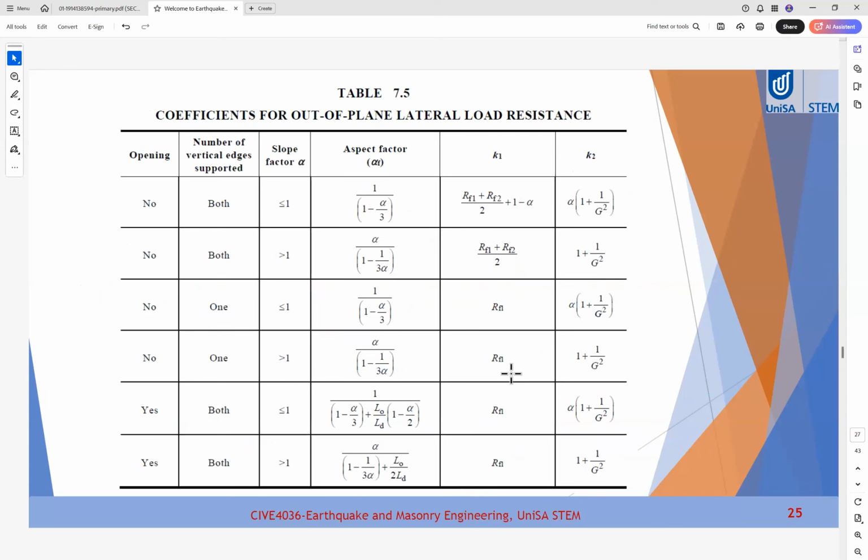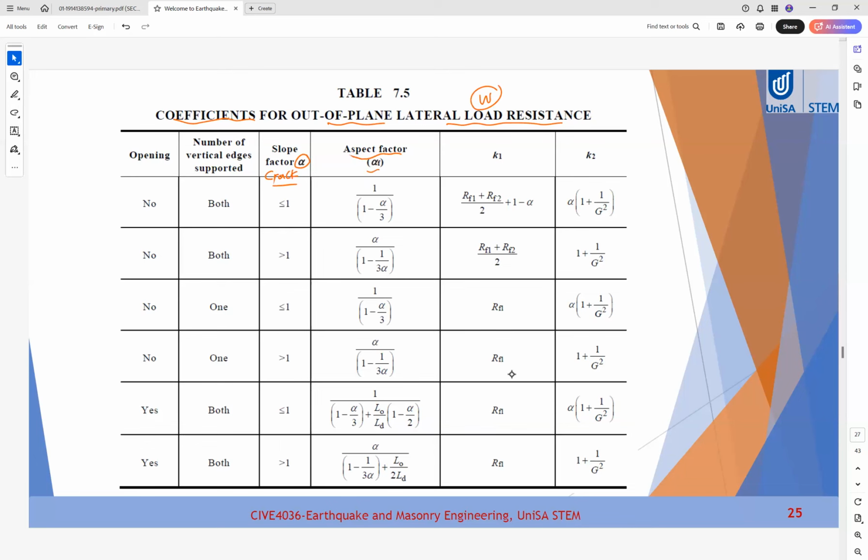The parameter here is the coefficient for out of plane lateral load resistance, W. If we don't have an opening, we have 4 cases; with an opening, 2 cases. Number of vertical edge supports, one or both. Slope factor alpha, which is for the crack pattern slope.